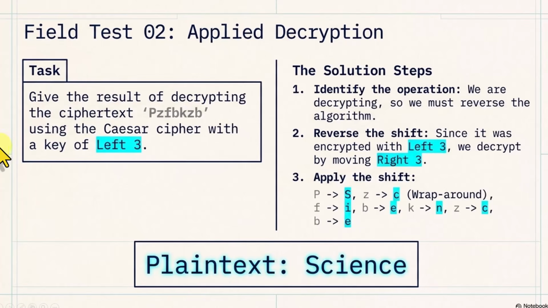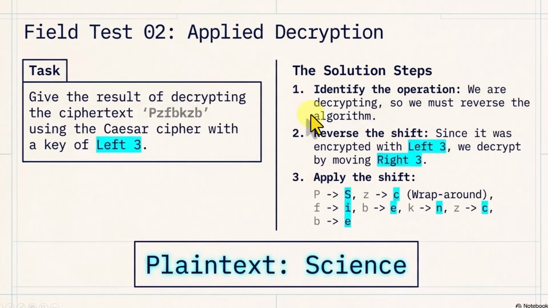So task 1: give the result of decrypting the ciphertext PZFBKZB using the Caesar cipher with a key of left 3. So this is the ciphertext. If that is left 3, it means we have to decrypt, so for decryption we will use the right shift.